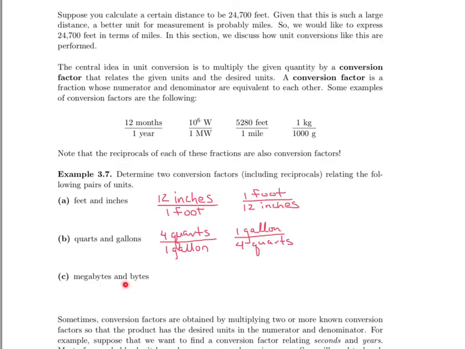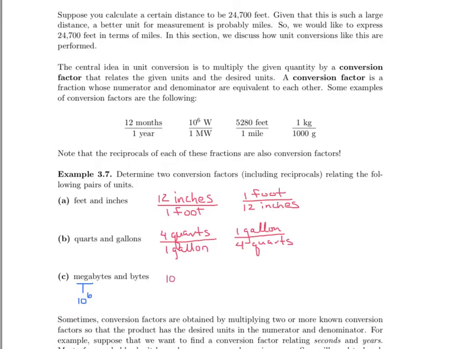Now let's look at a conversion factor that would relate megabytes and bytes. To do this, you need to recall that the prefix mega means to multiply by 10 to the 6. So 1 megabyte is the same as 10 to the 6 bytes. So we get our conversion factor from knowing that.